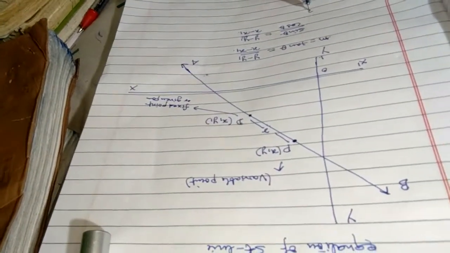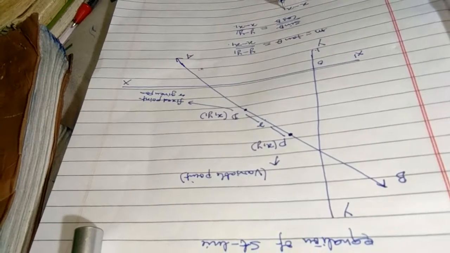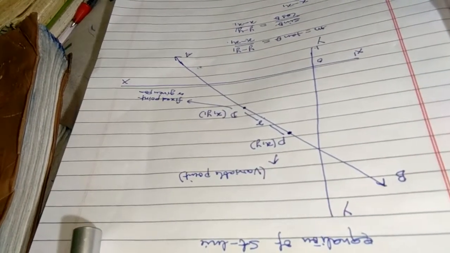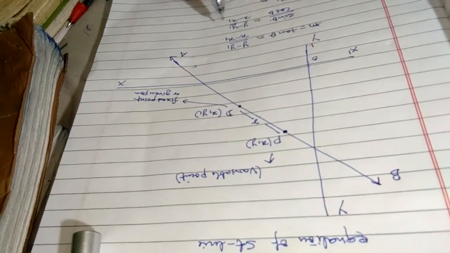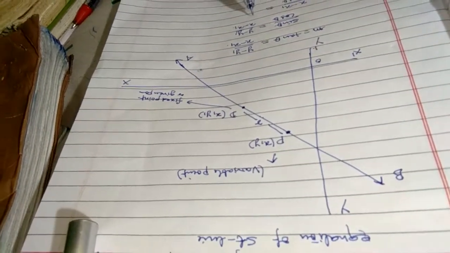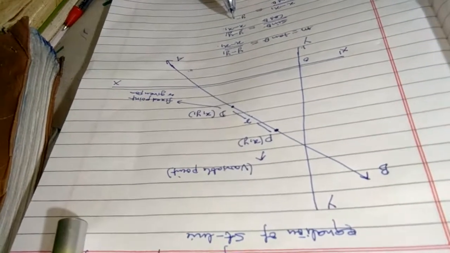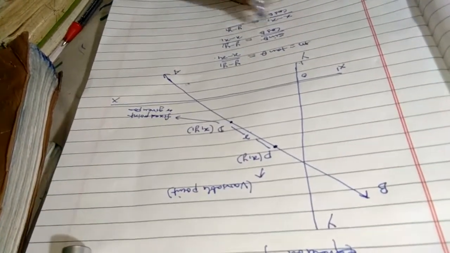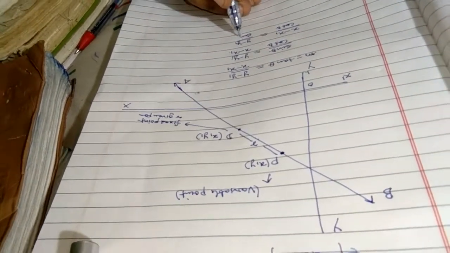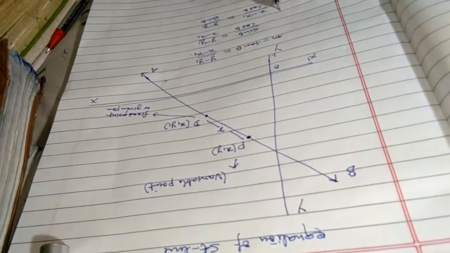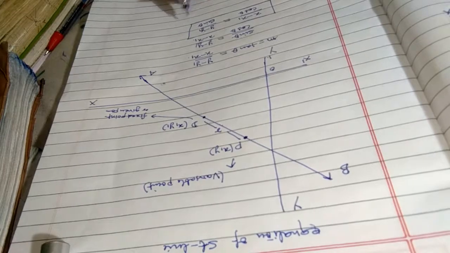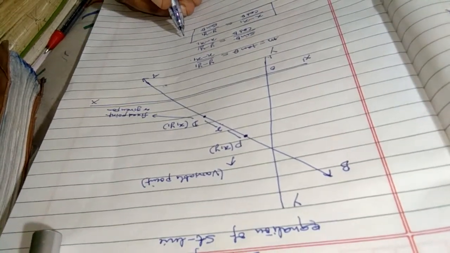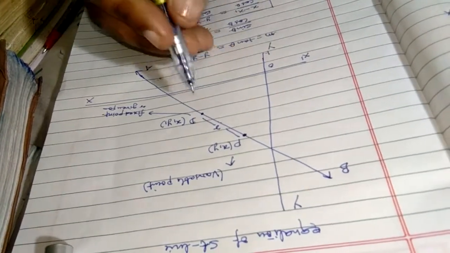We do the cross multiplication: x minus x1 by cos theta, and y minus y1 by sin theta. This form is coming, and this is equal to r also. And what is the value of r, we are just going to find out.